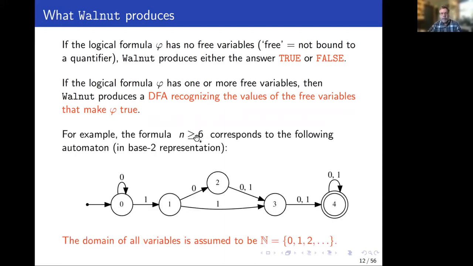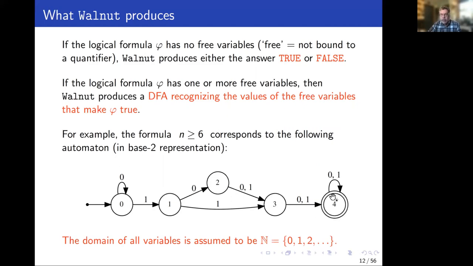So for example, suppose I type in the formula n greater than or equal to 6, and I ask Walnut to evaluate it. Then what I get back is this automaton. And what does this automaton recognize? The set of all base 2 representations of numbers that are greater than or equal to 6, right? So let's see, 6 is 1, 1, 0.